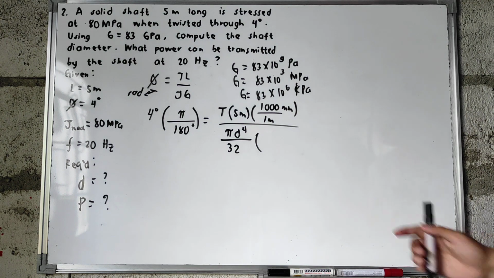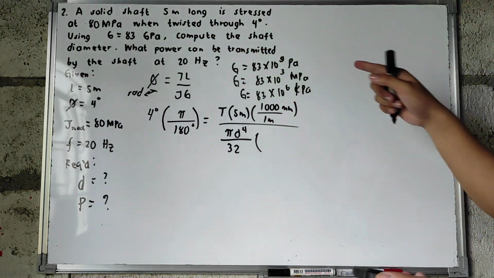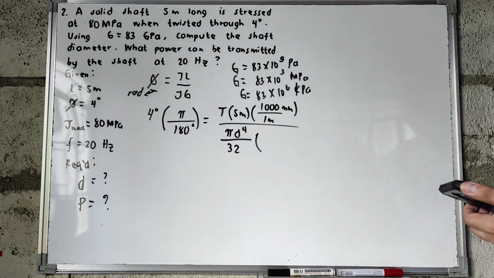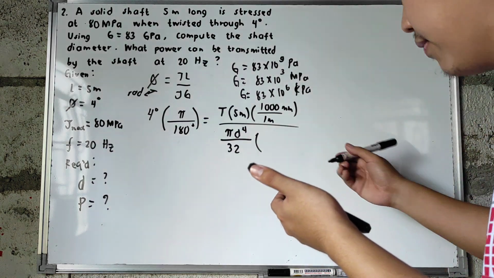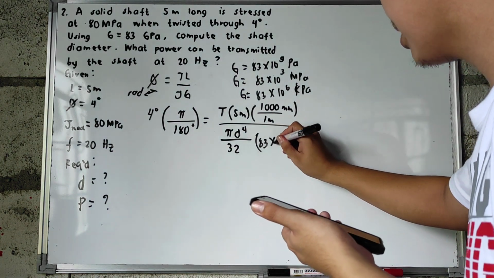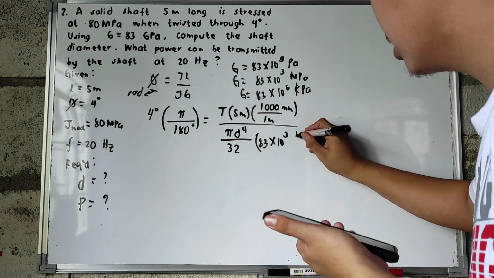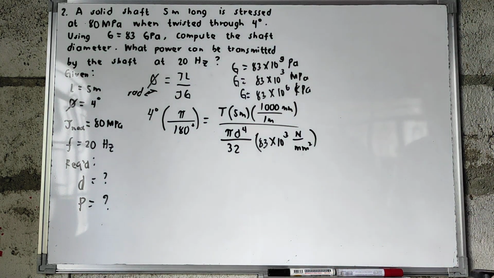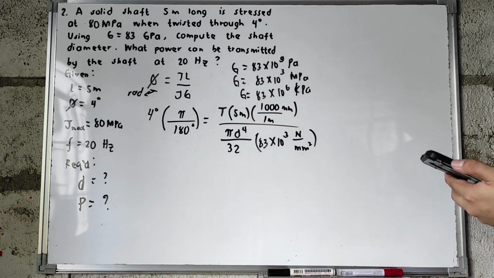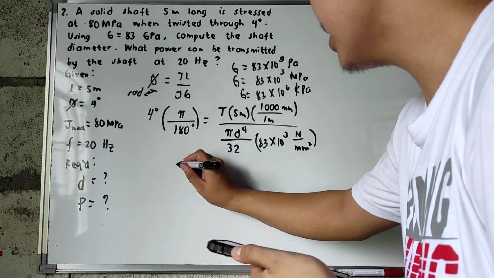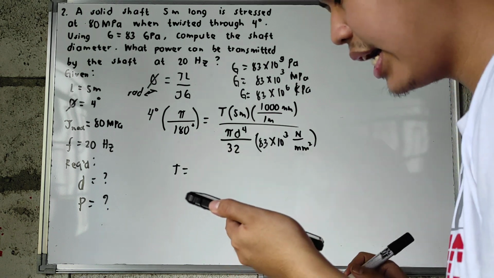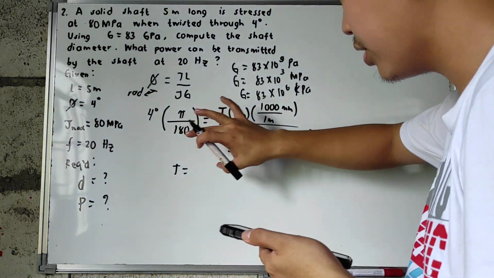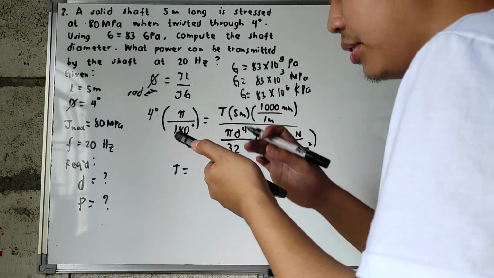From gigapascal to megapascal, we just multiply by 10 raised to 3. So we have 83 times 10 raised to 3 Newton per mm squared, or megapascal.